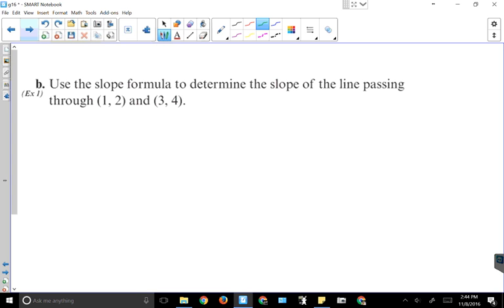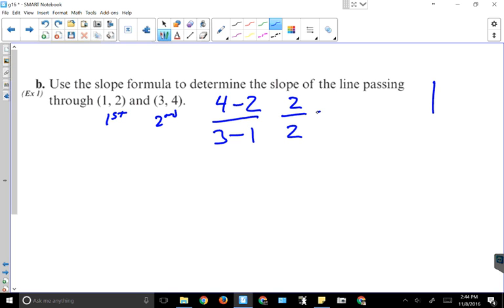There we go. Chris, what'd you come up with? You got 1. Sure? Okay, so let's check it out. Let's see, I'm going to call this my first coordinate. That's going to be my second coordinate. So I'm going to take 4 minus 2 over 3 minus 1. So that gets me 2 over 2, which goes to 1. Absolutely correct. Not that I doubted you.